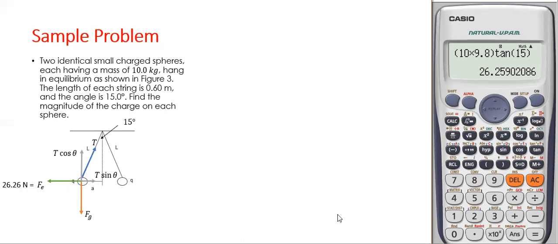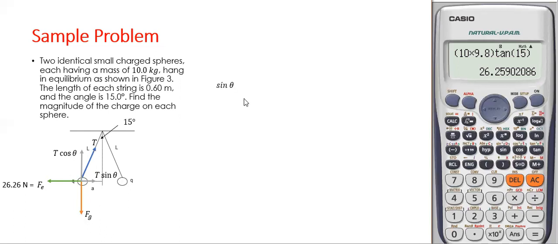So, ano yung gagawin natin? Mapapansin natin dito sa ating illustration na yung half nitong triangle ay ang distance ay A. So, ibig sabihin, yung distance simula dito hanggang doon ay equal to 2A kasi symmetric naman po itong right triangle. Nandito yung ating angle na 15 degrees, tapos nandito si A, tapos nandun si length.